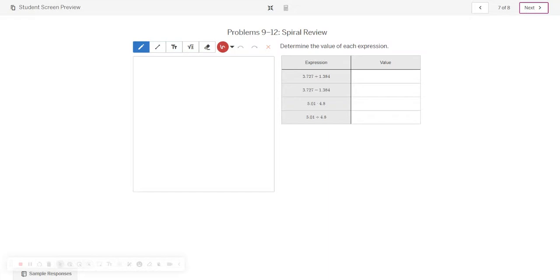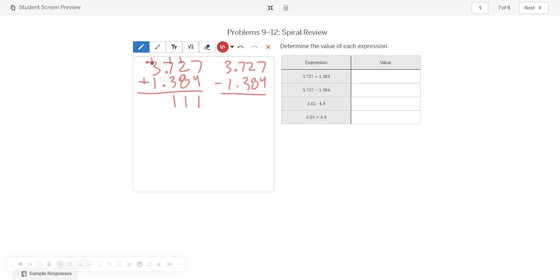Ooh, okay. 3.727, 1.384, one we're adding, one we're subtracting. 3.727, 1.384. You get a 1, carry the 1, 1, carry the 1, 1, carry the 1, 5.